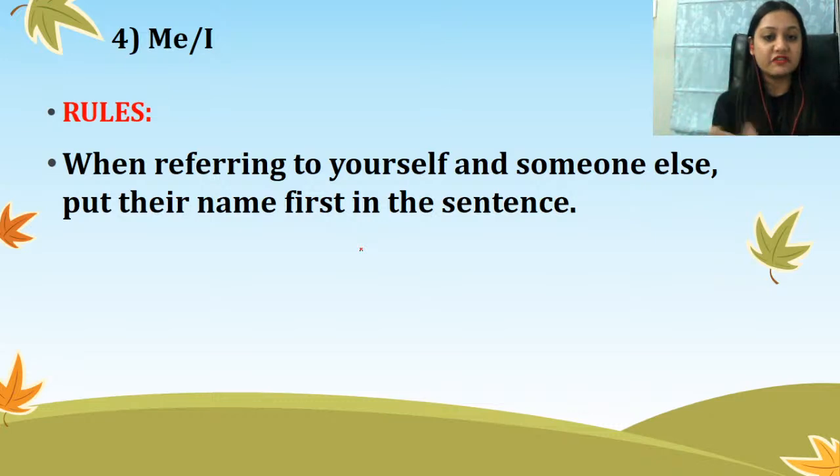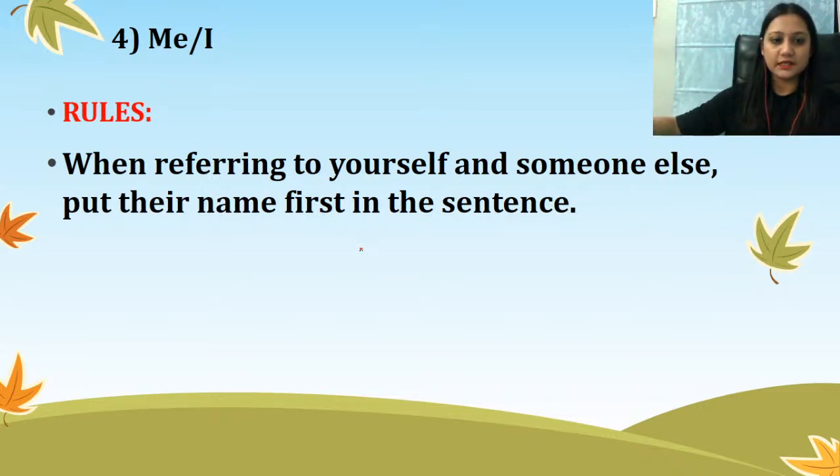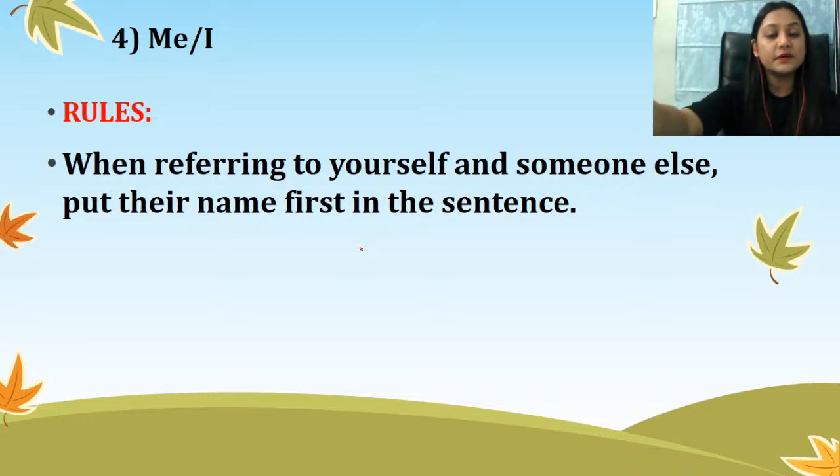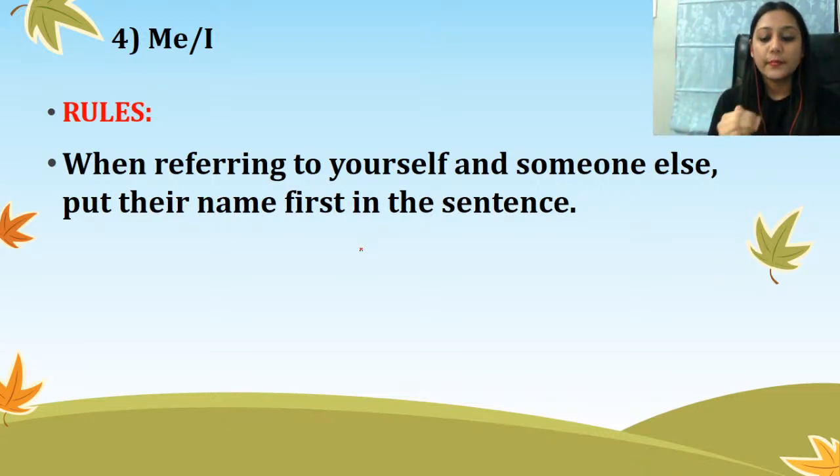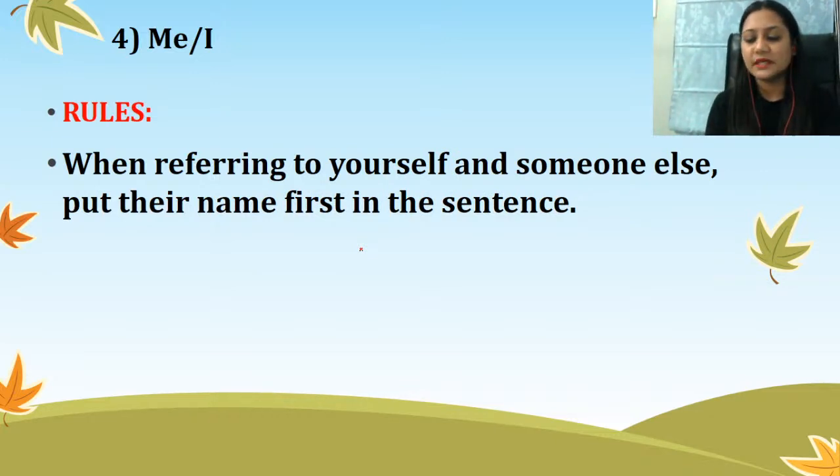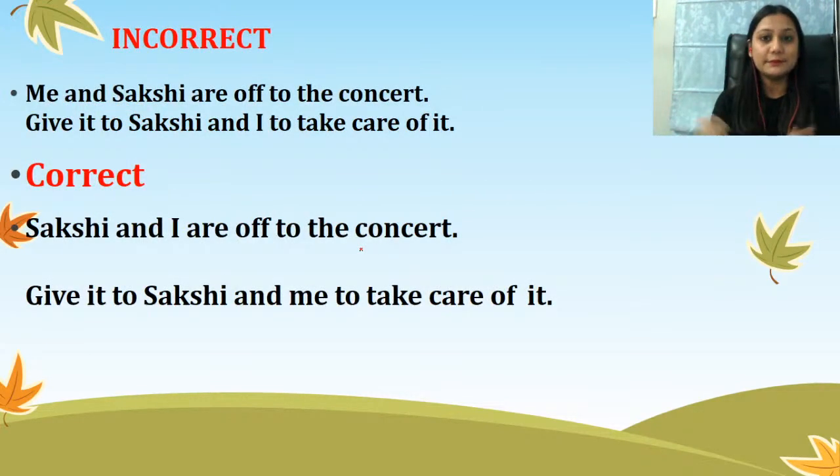When you are referring to yourself and someone else, all you need to do is put the other person's name first. I repeat, when two of you are there, and you are describing anything to somebody else, you need to put the other person's name first in that sentence, and then you can simply use I. Me, okay?